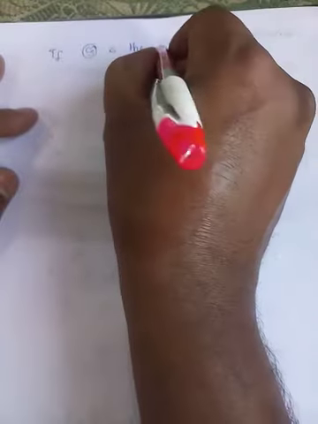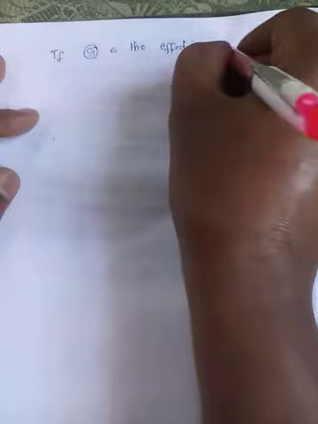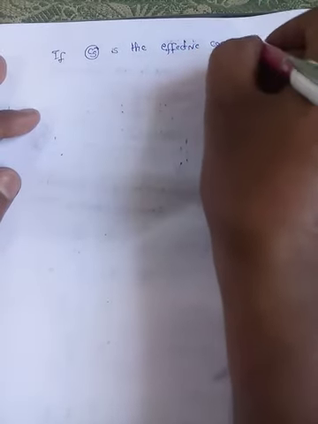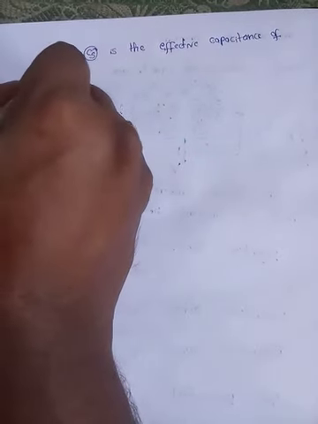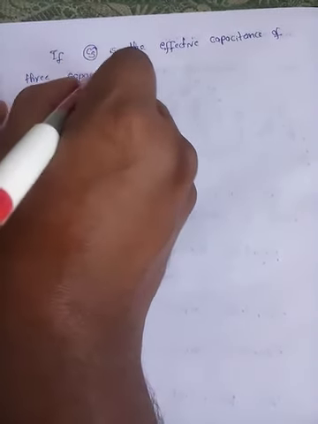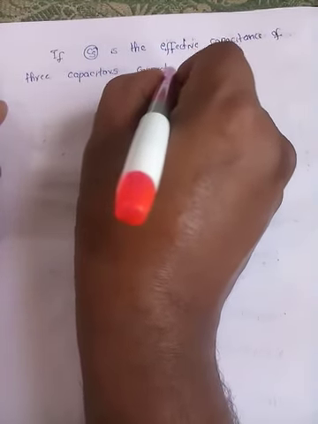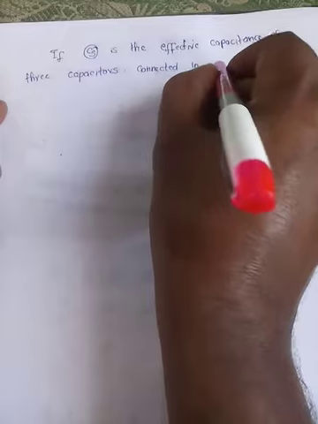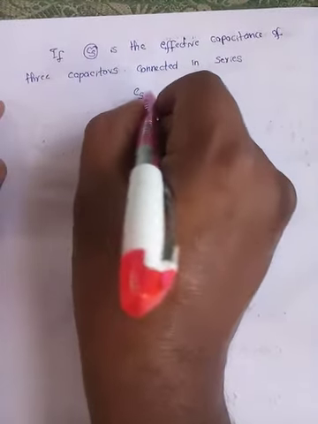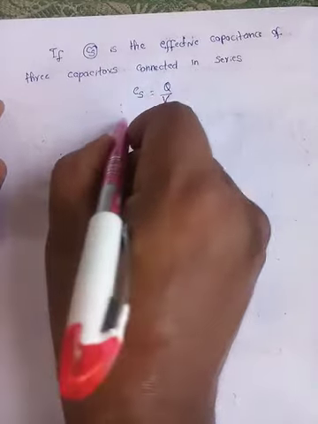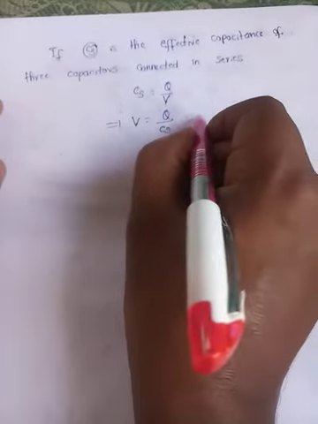If CS is the effective capacitance of three capacitors connected in series, then CS is equal to Q by V. From this, V is equal to Q by CS.